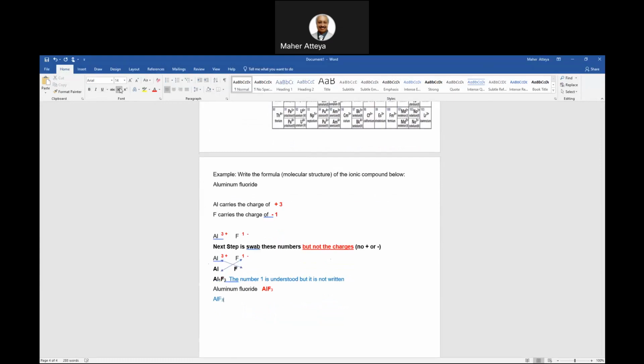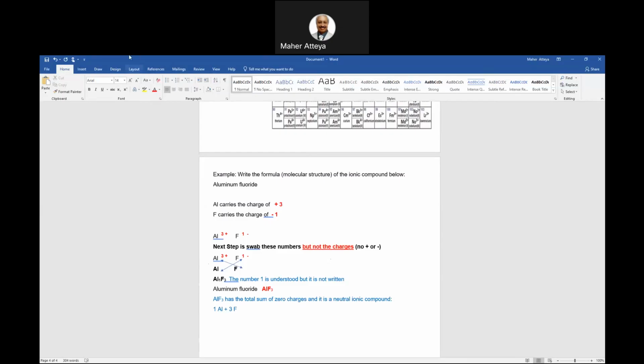AlF3 has a total sum of 0 charges, and it is a neutral ionic compound, correct? So now let's look at this. I have 1 aluminum plus 3 fluorine out of this structure, correct?